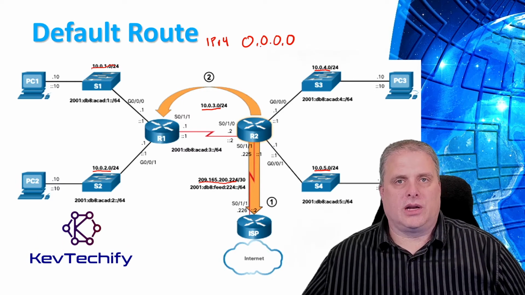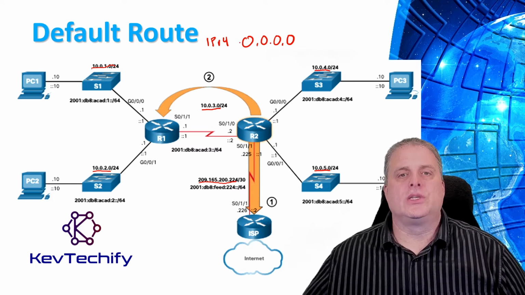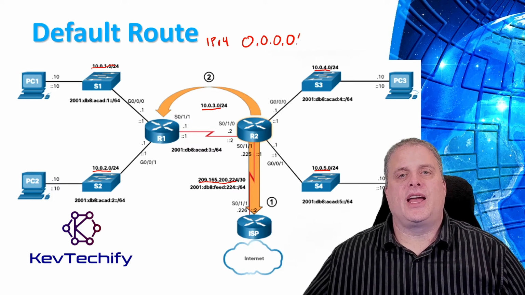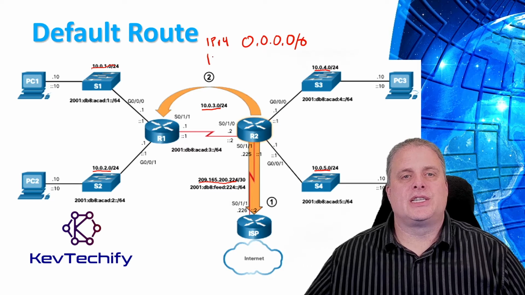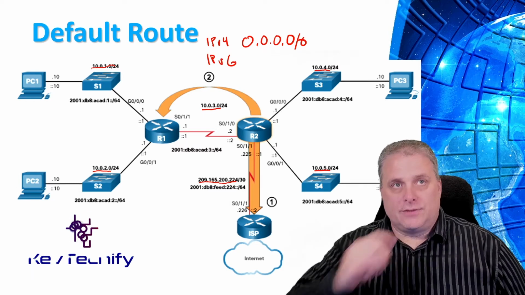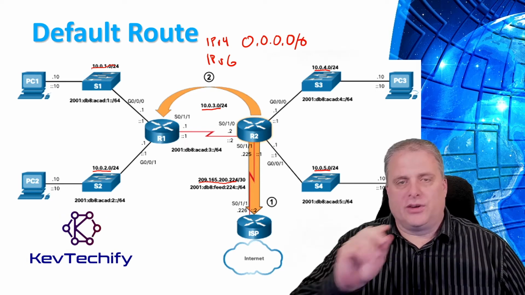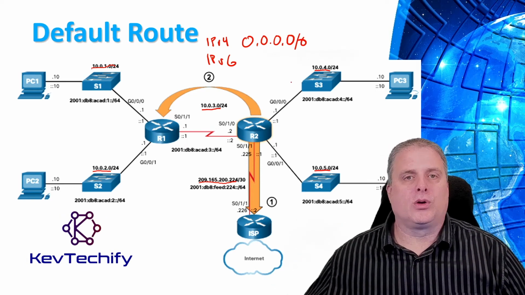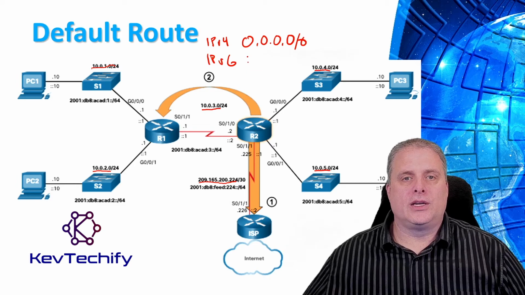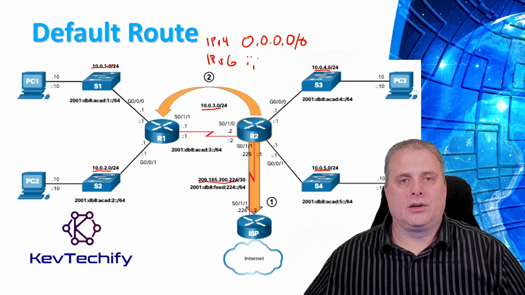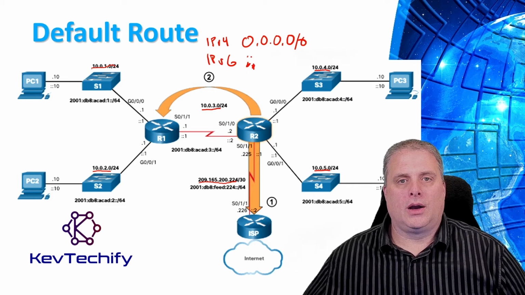That way you don't have to say 0.0.0.0, you just say quad zeros. That's what they mean. With a /0. IP version 6 is very similar. Remember, if there are continuous zeros, we can replace them with a double colon. What we get here is basically a double colon with a /0.